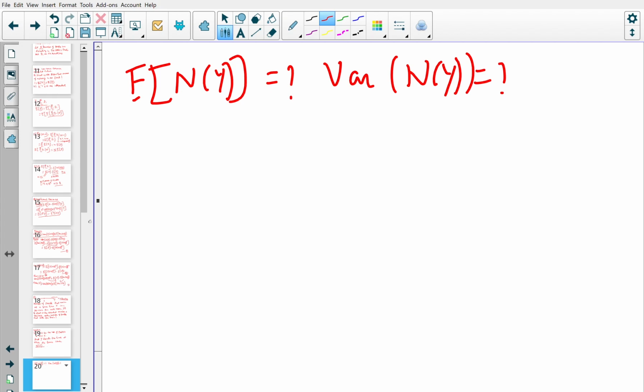Now let me start with one. What is this portion? If you remember, you can write this as the expectation of N(Y), given that Y, whatever the time the train is coming.